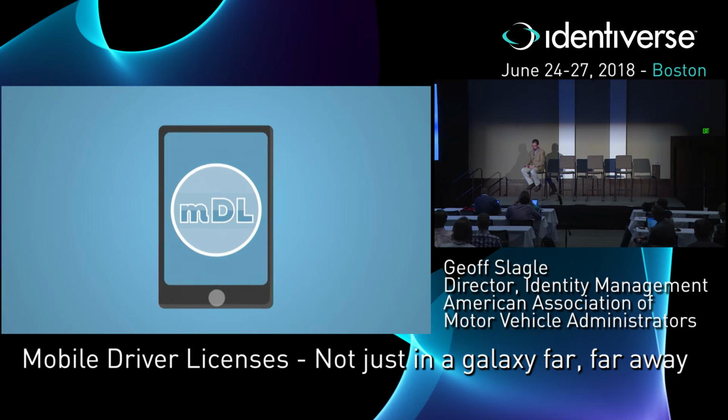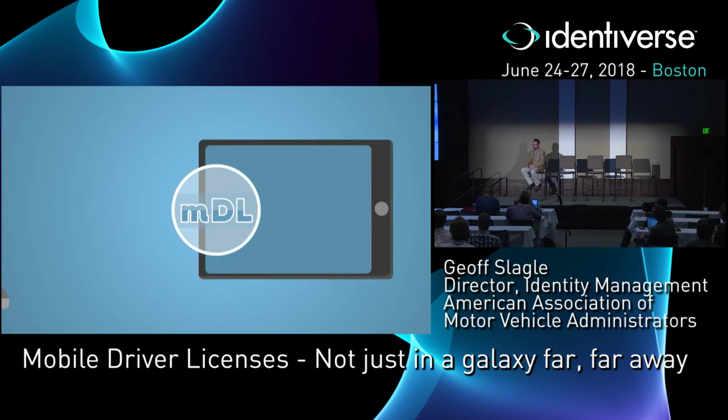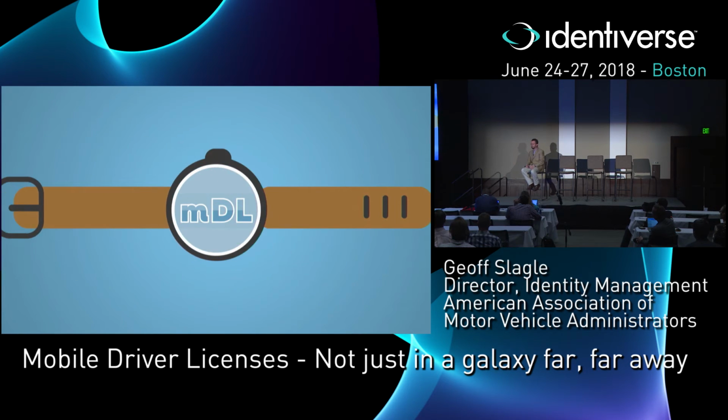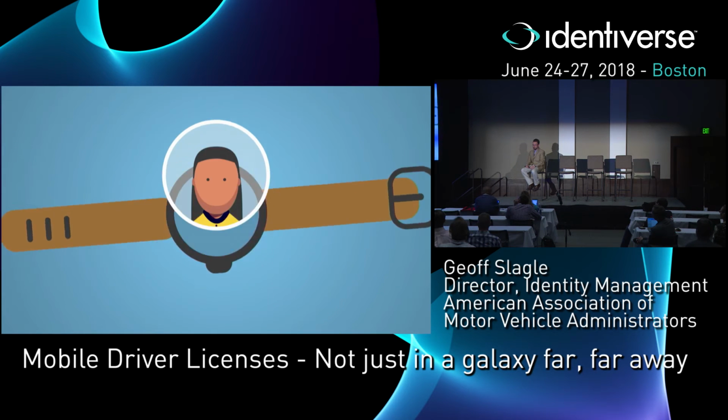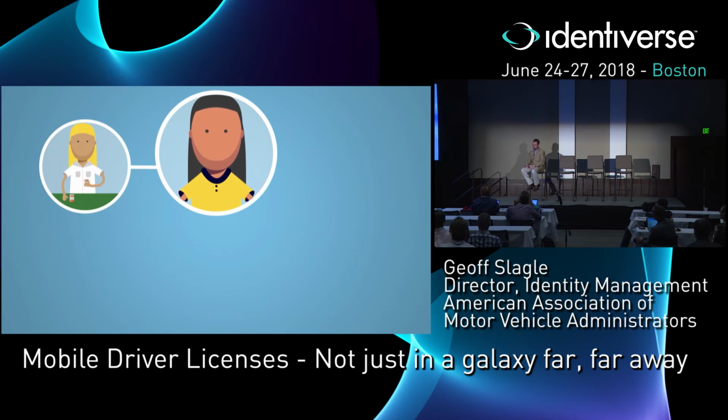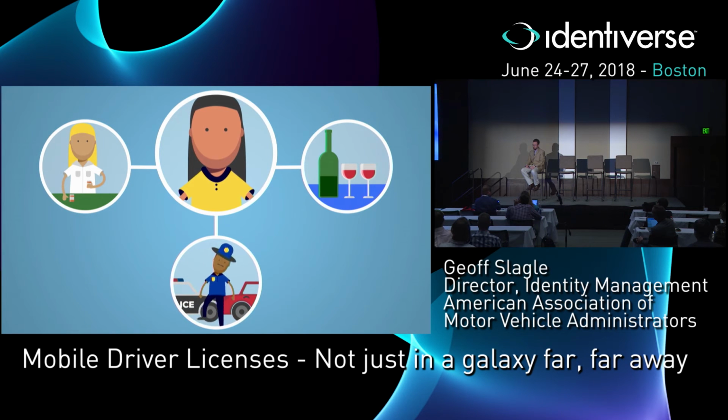The MDL as an electronic credential exists on any number of electronic devices: mobile phone, laptop, tablet, wearable. The consumer. This is the relying party that is dependent on the MDL and will be consuming it in determining if someone is who they say they are and eligible for whatever the transaction requirements demand.